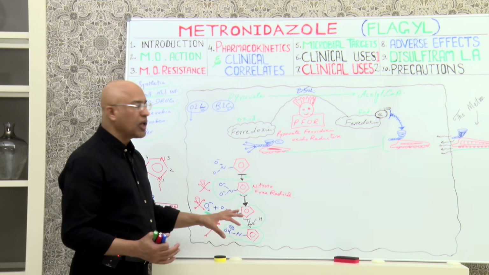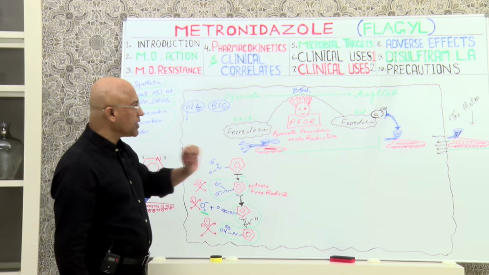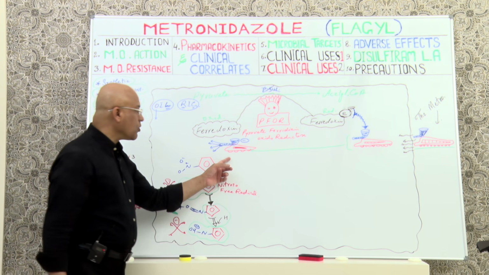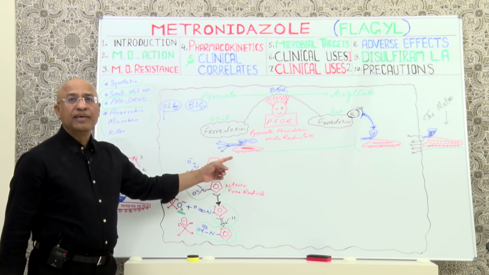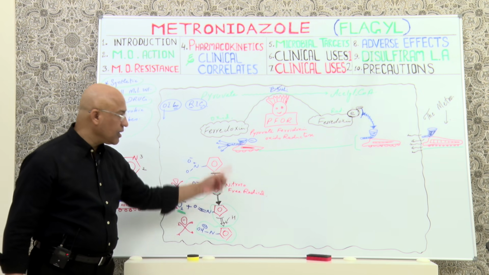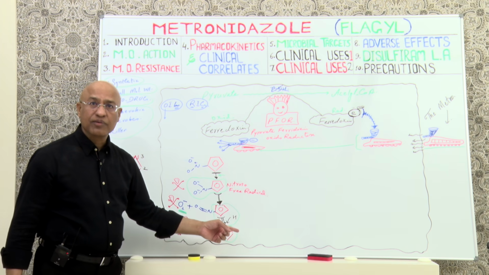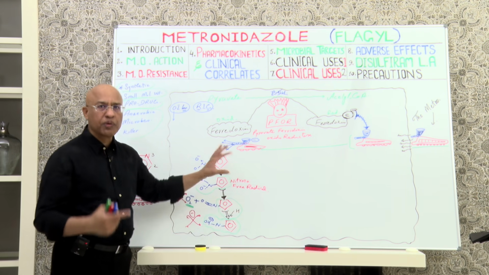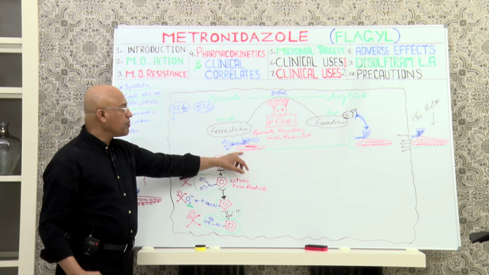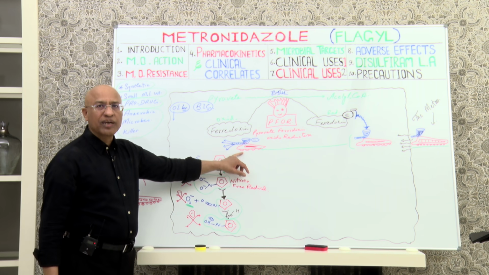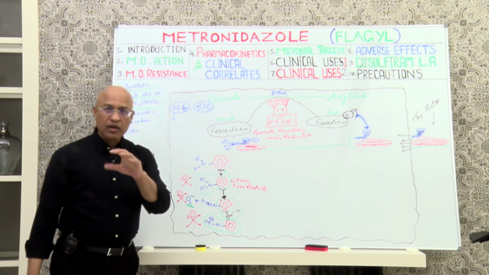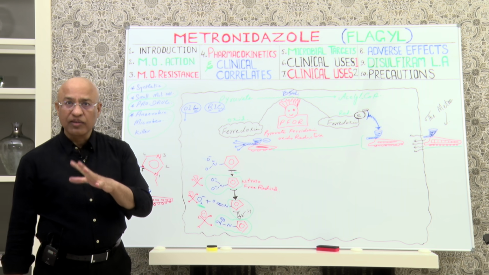So there are different ways to say it. If you cannot remember all this, no problem. You just remember that metronidazole, after reductive activation, converts into highly reactive toxic intermediates. Or another way to express the whole process is that once metronidazole receives the electron and gets reduced, it produces oxygen free radicals.